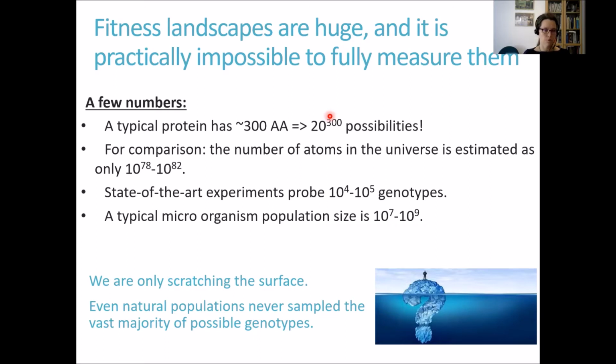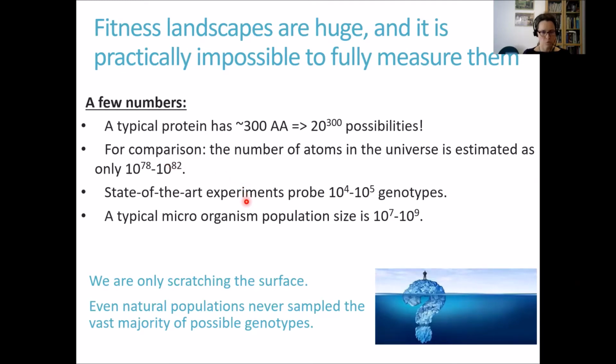And this is just for a single protein, and organisms, of course, have more than one protein. Just for comparison, the number of atoms in the whole universe is estimated to be 10 to the 78 to 10 to the 82, which is much smaller than this number that I have here. Now, the state-of-the-art experiments checking 10 to the 4 to 10 to the 5th different genotypes suddenly don't look that great compared to such large numbers.